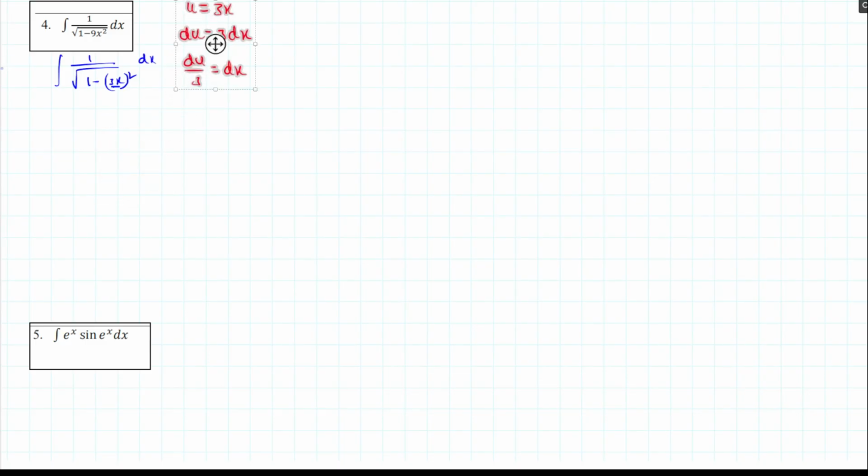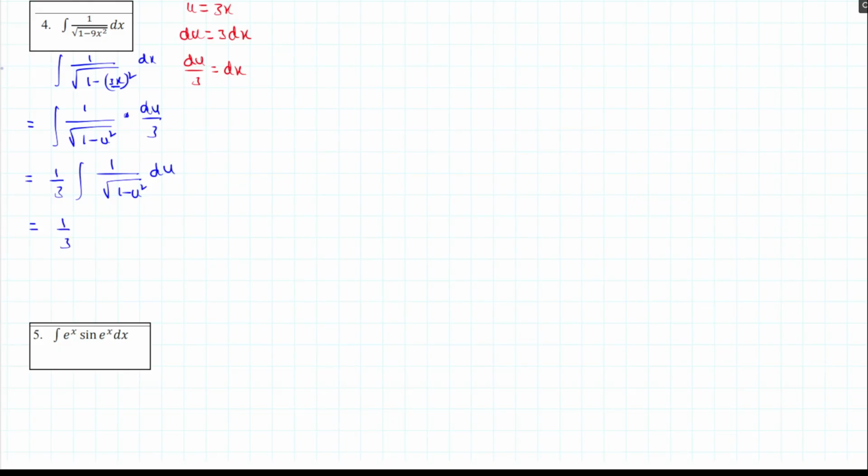Now this integral becomes integral 1 over square root 1 minus u square, then dx is du over 3. So now this is 1/3 integral 1 over square root 1 minus u square du.